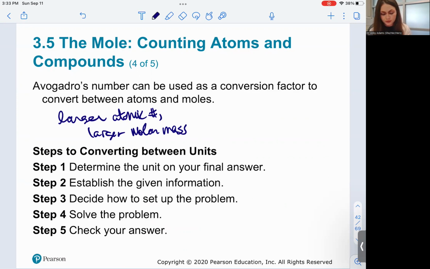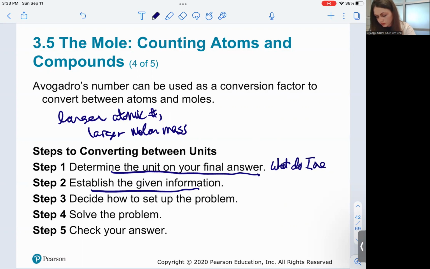And to do all this, and this is how I've always done this from the start, whenever we did the math, first determine the unit of your final answer. A lot of times I've written that as the very first thing so I don't forget my units or get them wrong. Then you're going to establish the given information. Remember, what do I need?